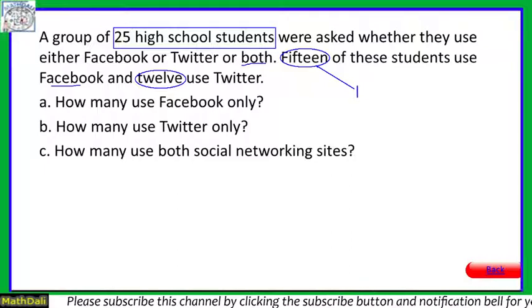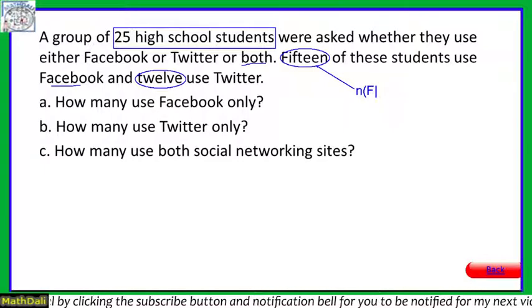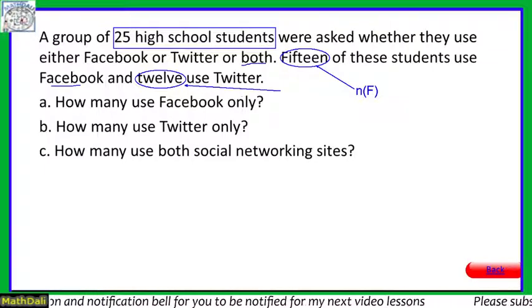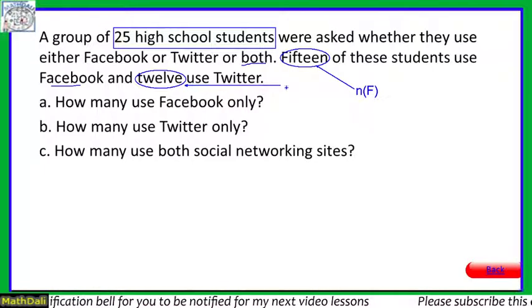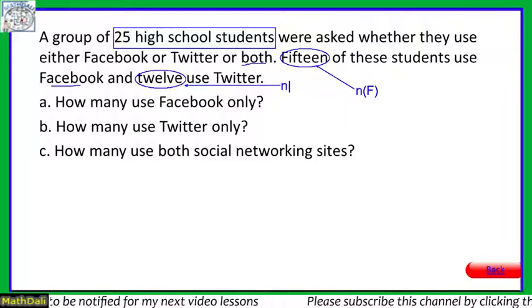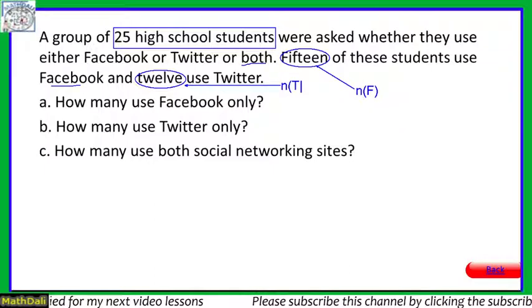Lakihan ko na lang. The number of student who use Facebook. Ayan, set F. And this 12 will represent the number of student who use Twitter. Palagay lang natin dito. This is the number of student who use Twitter. So, ang gagamitin natin, set T.